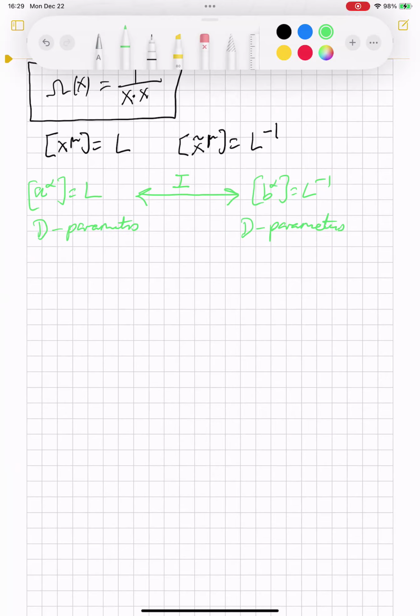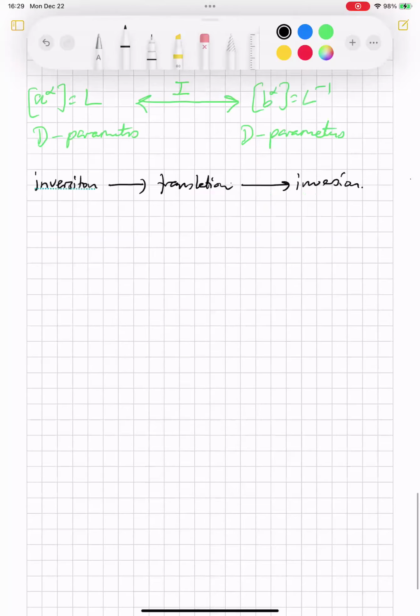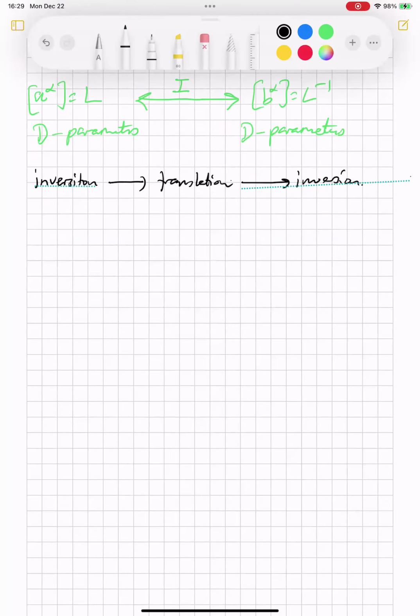And the way that we're going to make it precise is the following. Let's do an inversion. After we've done an inversion, we'll do a translation. And after we've done the translation, let's do an inversion again. And let's see what that produces. Okay, so first of all, let's take x mu, and when we do an inversion, this will give us x mu over x dot x.